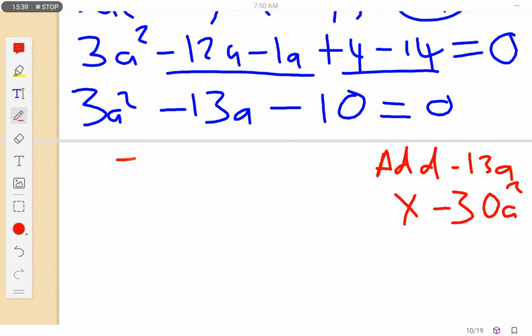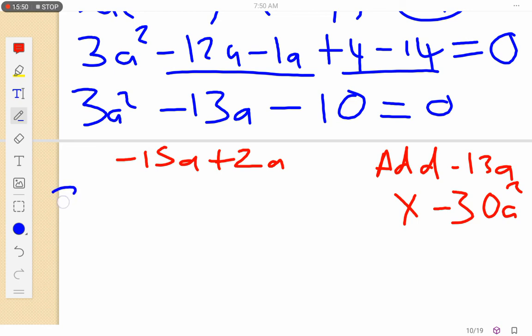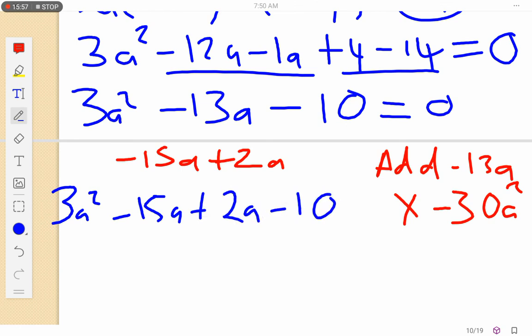So we have minus 15a plus 2a. This one is perfect. Yes, let's take this one. So I can rewrite and have 3a squared minus 15a plus 2a minus 10 is equal to 0. I can factorize these parts.